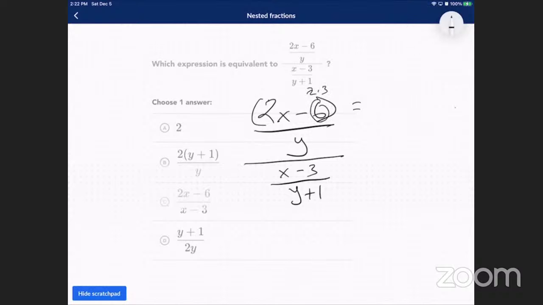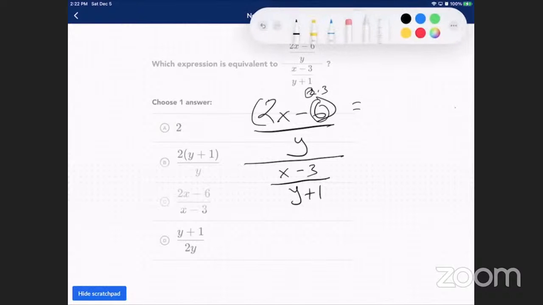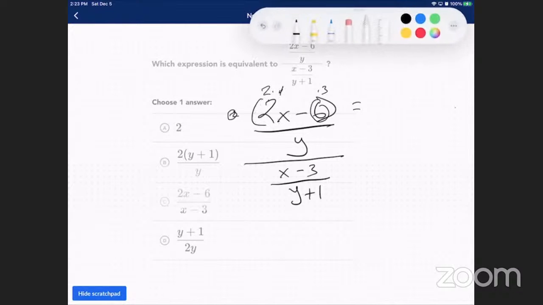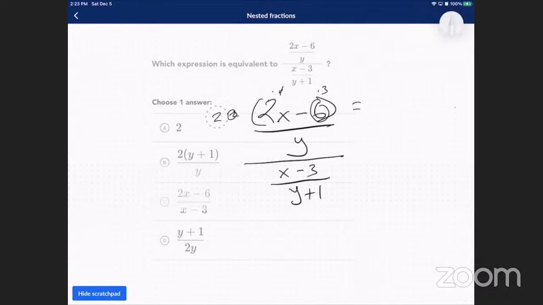But now we have this extra one here, which is y plus 1. Now can we cancel the y out? Yeah, we could. We could still do it. So if we cross out these, making sure they cancel out, we just end up with 2x minus 3 over 1. And this actually means this.